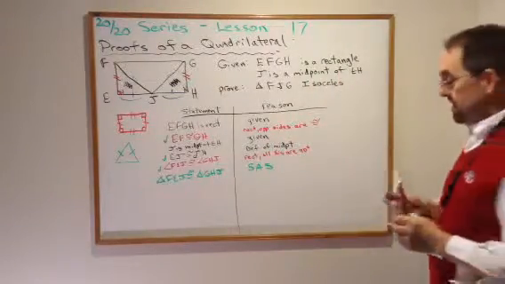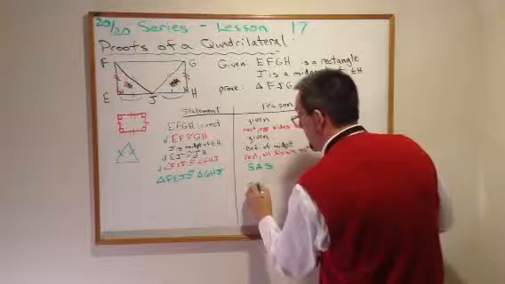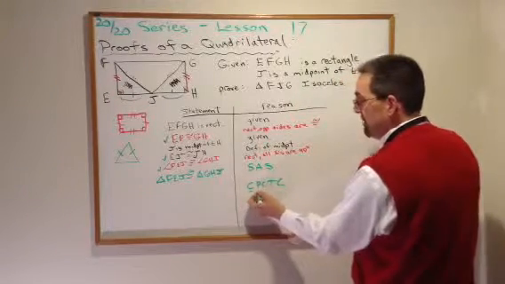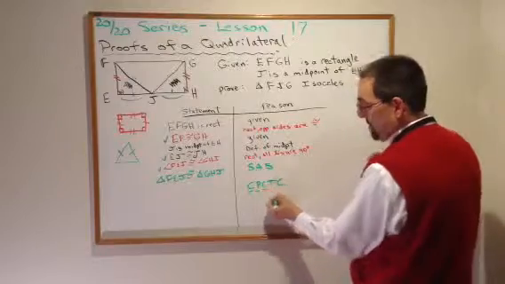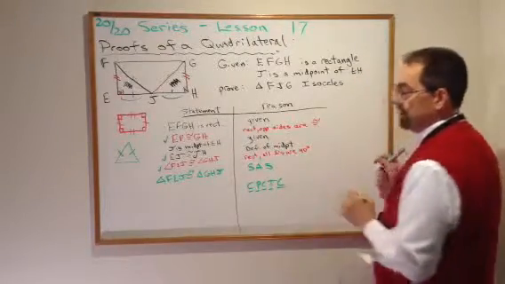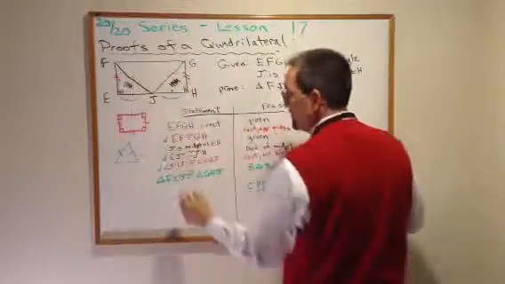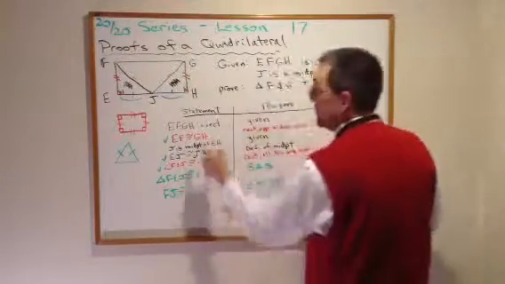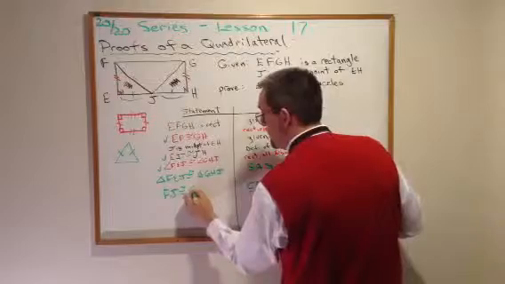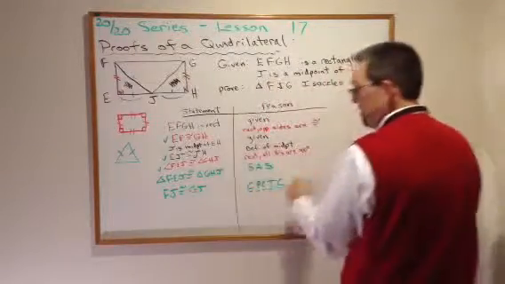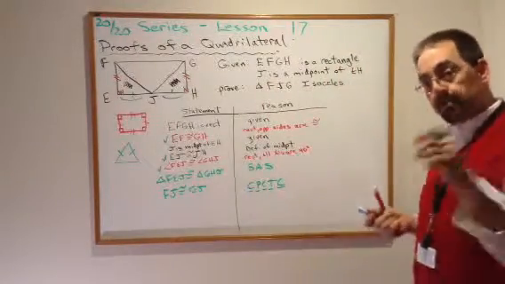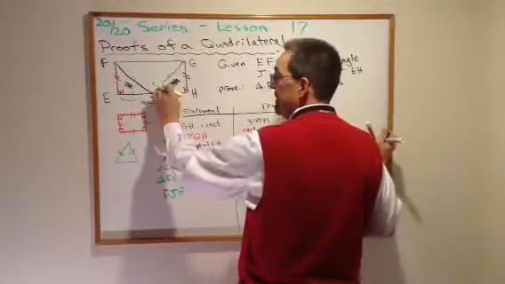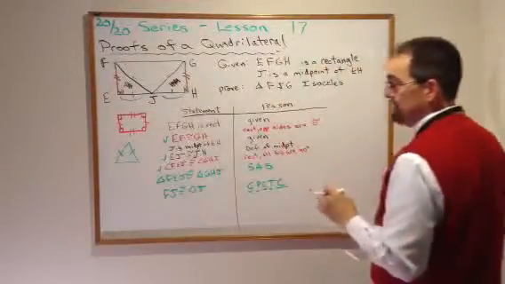Because of that, the CPCTC, corresponding parts of congruent triangles, are congruent. FJ is congruent to GJ because of the corresponding parts of congruent triangles are congruent. Once we show that these were indeed congruent, then we can say that.